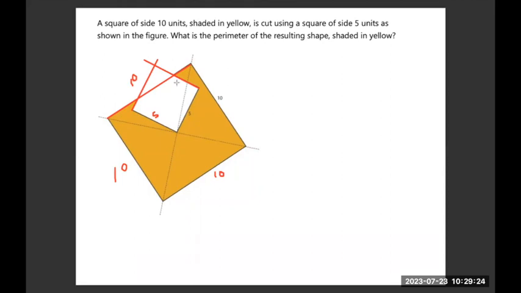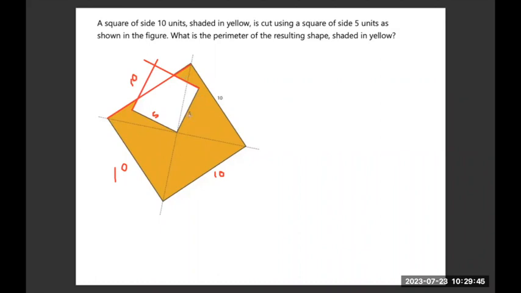What if I rotate this square and place it with this edge along this axis? There's a reason why I can do this in this case. We cannot do this in all cases. In this case specifically, there is a possibility that we can do that.